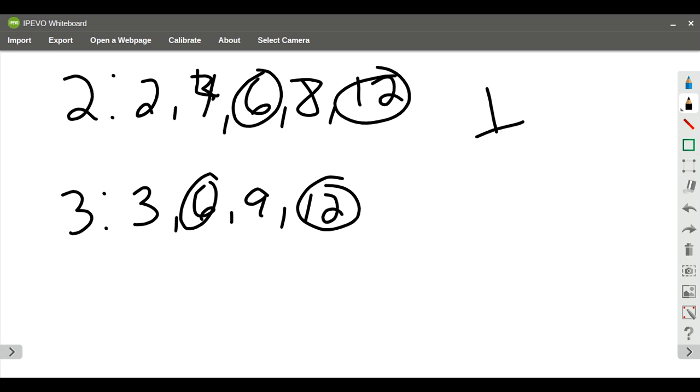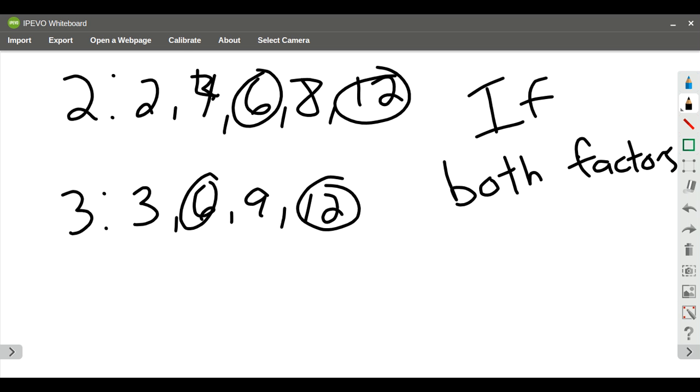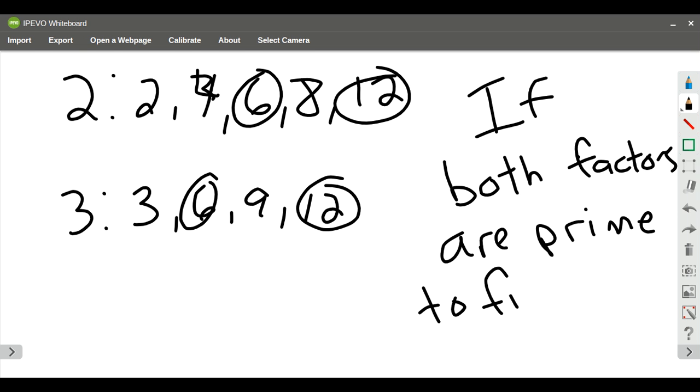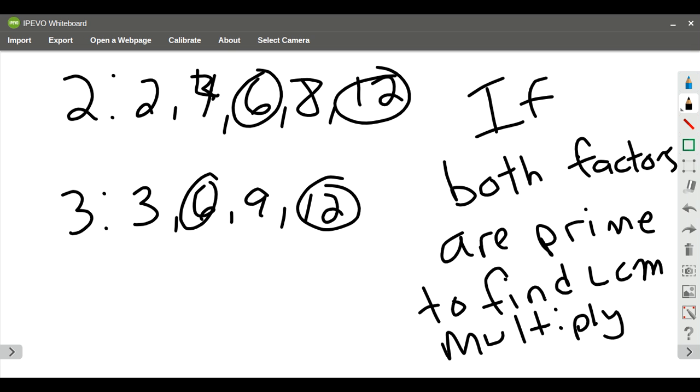So if both factors are prime numbers, all you need to do to find the LCM is multiply them together.